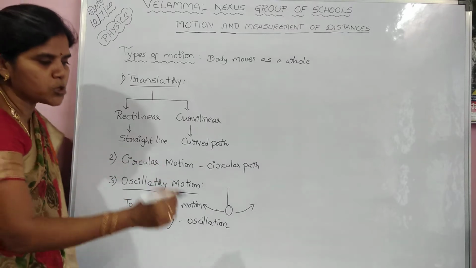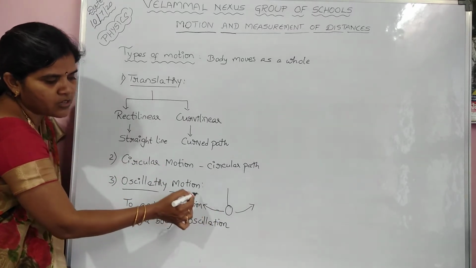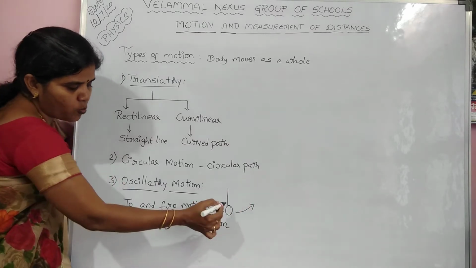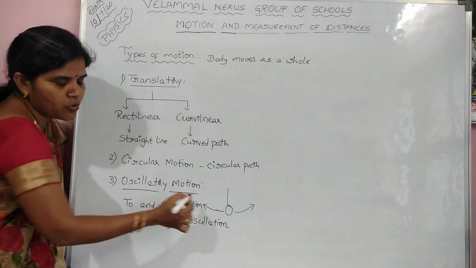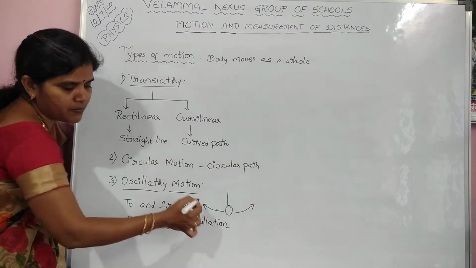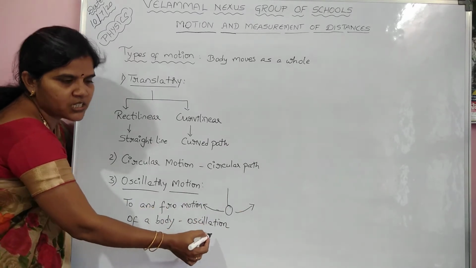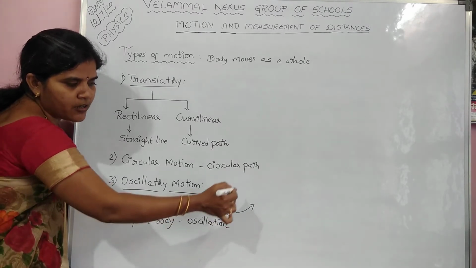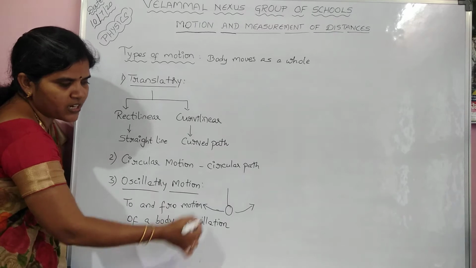What is to and fro motion of a body? If a body moves like this towards one side and goes back to the other side. One side it is moving, we call it as to. Going back we call it as fro. So the to and fro motion of a pendulum is known as oscillation.